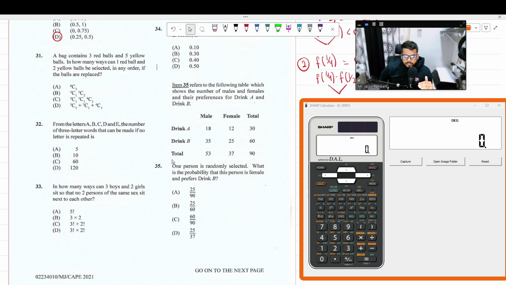So for sure for part C, if I do not have replacement, 3 choose 1 will be a red ball, then 5 choose 1 will be a yellow ball, but I didn't replace the yellow ball inside, and neither did I replace the red ball. And 4 choose 1 will be the number of ways I can pick the second yellow ball.